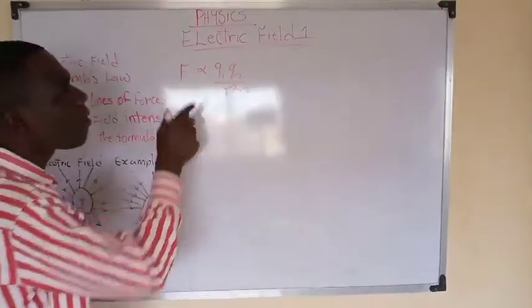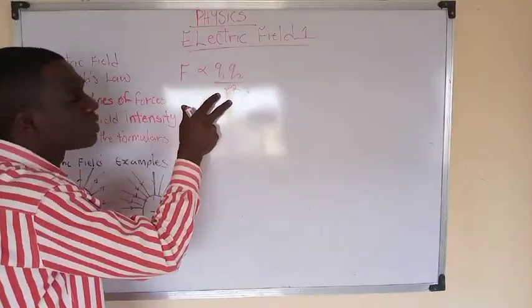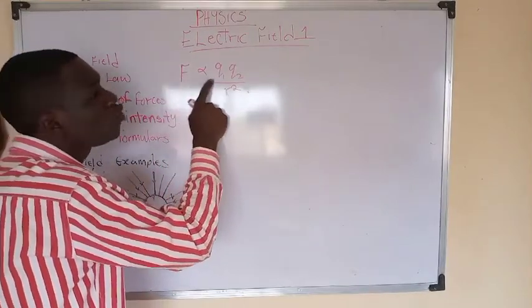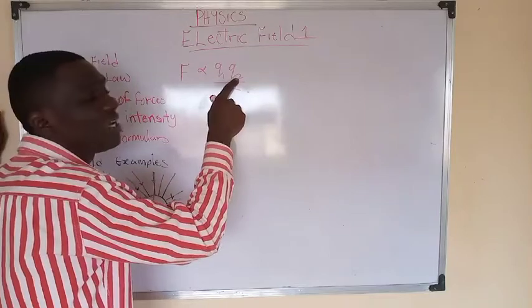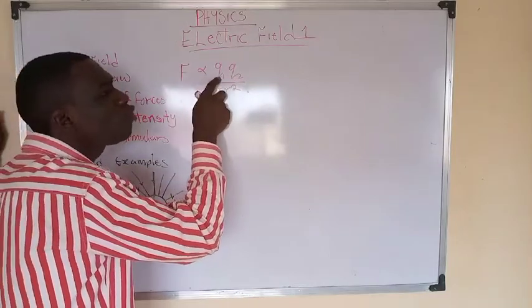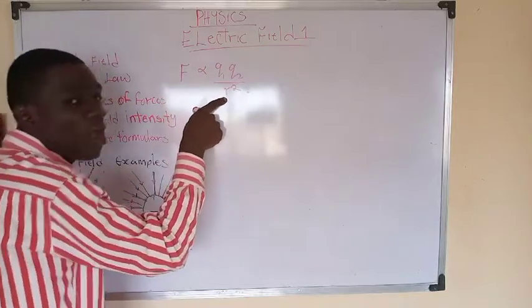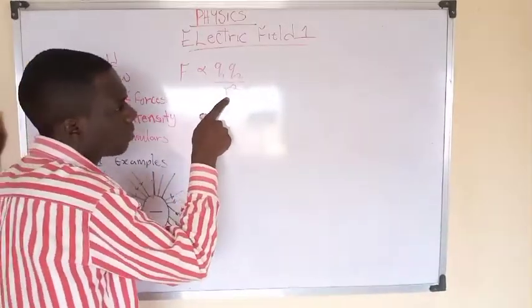If I will properly state this law, the electric force existing between 2 point charges Q1 and Q2 is directly proportional to the product of the charges and inversely proportional to the square of the distance between their separation.